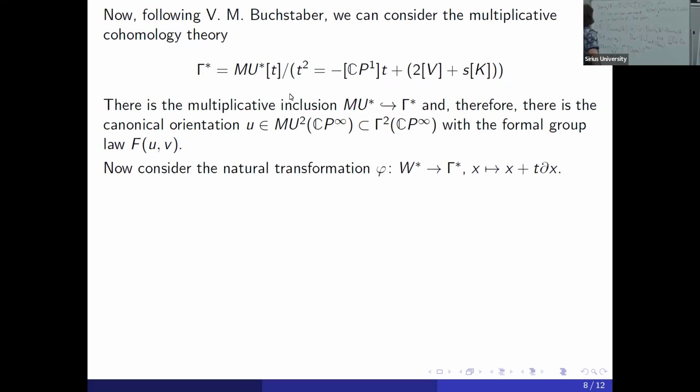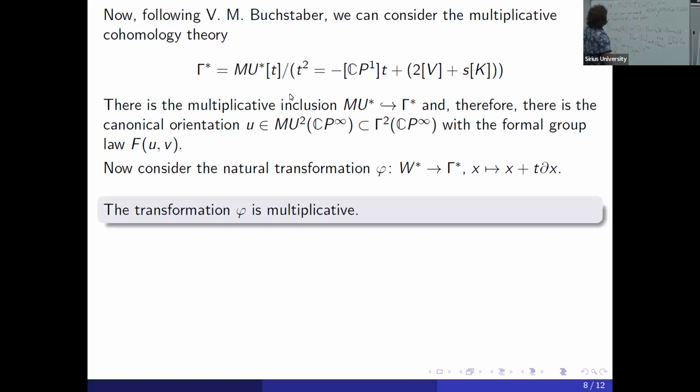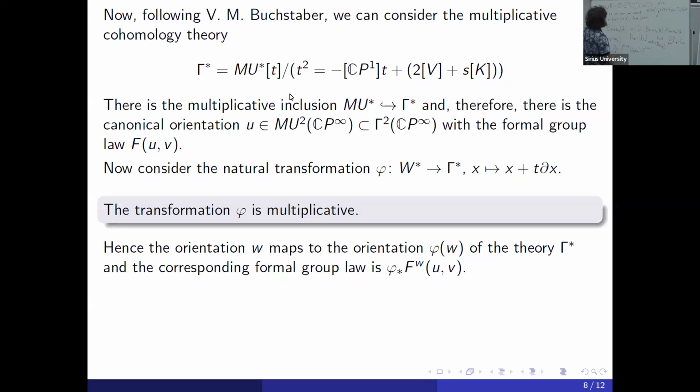But we also have the following natural transformation from W to gamma, and the main and very important observation of Viktor Matveyevich Buchstaber is that this transformation is multiplicative. Then we obtain another orientation, the image of our orientation in W under this transformation, and we have the corresponding image of the formal group law.